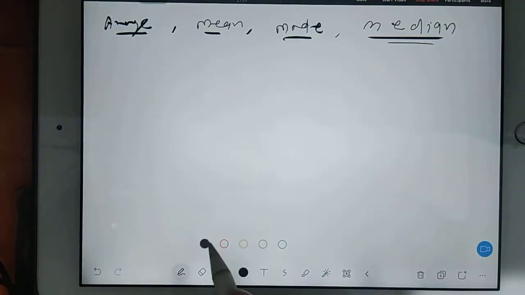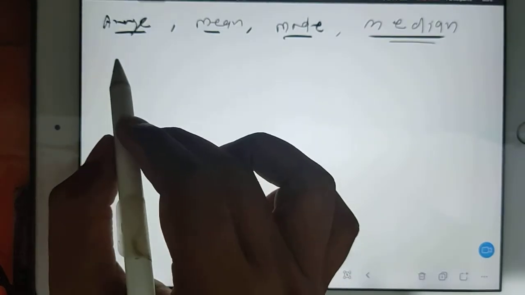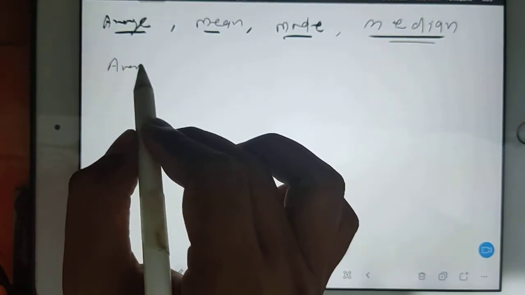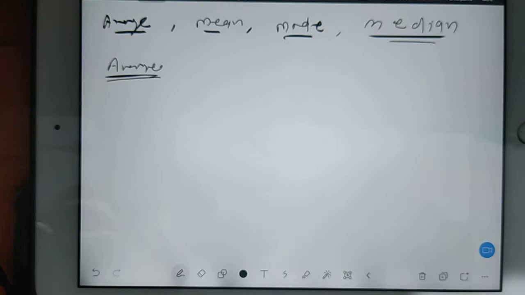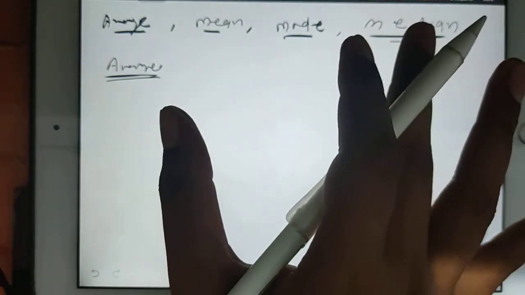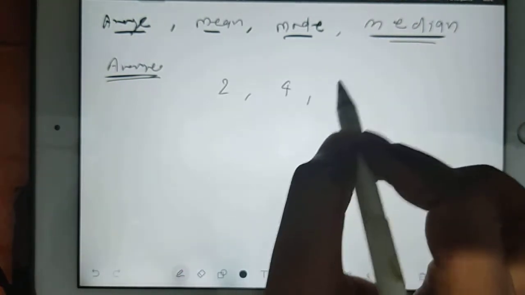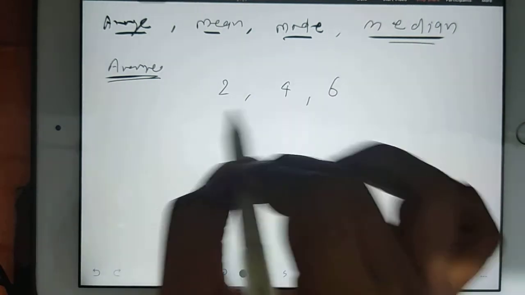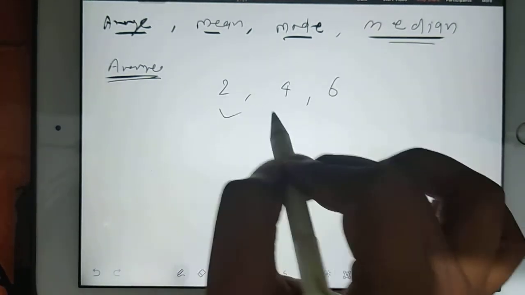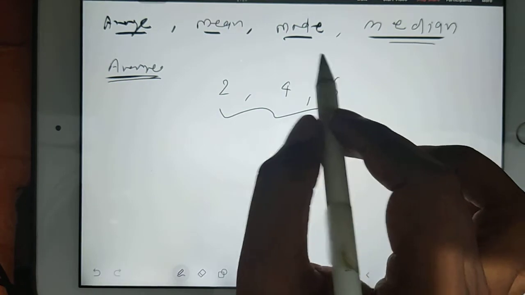So first we'll go for average. When we talk about average, it is a kind of central value. Central value means, like 2, 4, 6. So 3 numbers are there. For these 3 numbers, what is the central value? Central value is 4.